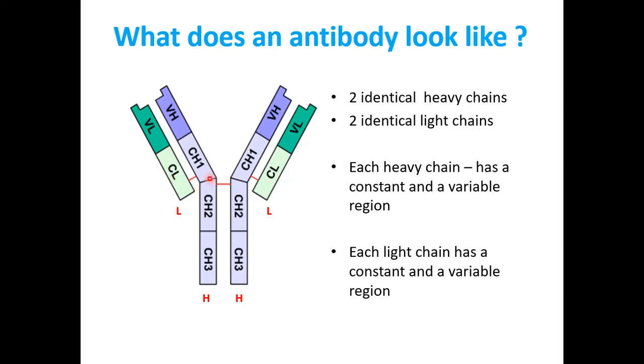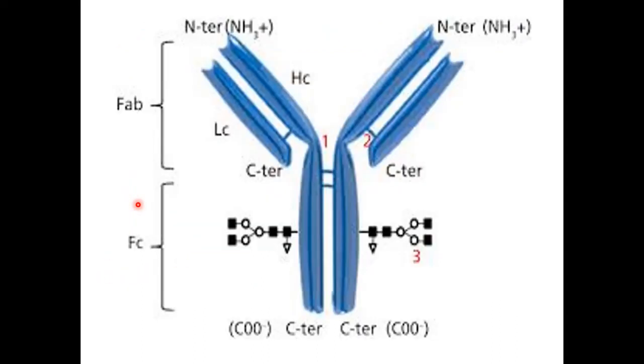In other words, this hinge region makes possible the rotation and bending of this antibody molecule. So this is the variable portion of this antibody molecule, and this is the constant portion. The stalk of this Y-shaped molecule is the stem region, which is known as the Fc portion.